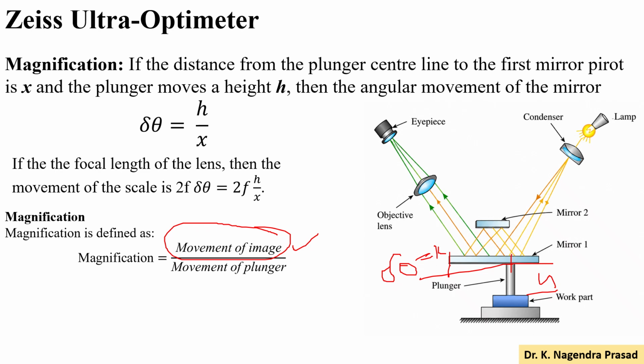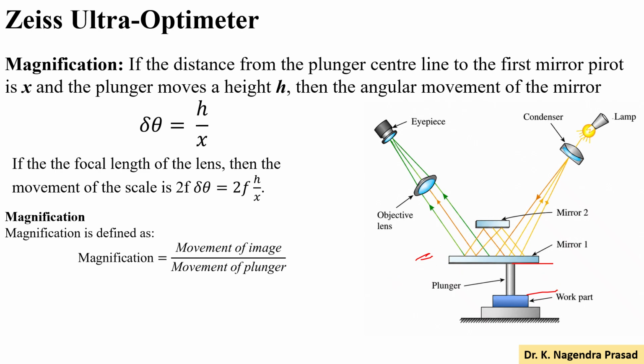If f is the focal length of the lens, then the movement of the scale is 2f dθ. So the movement of the image is 2f into dθ. We know that dθ equals h by x. Then the movement of the image is 2f into h by x.